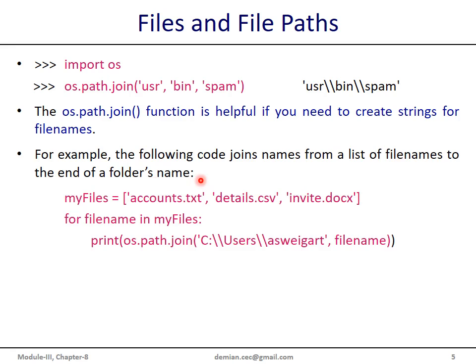Let's take up this code which joins different file names to the end of the given folder name. Let us say we want to give three different file names: accounts.txt, detail.csv, and invite.docx, which are there in a particular folder, and we want to generate the complete path including these file names.